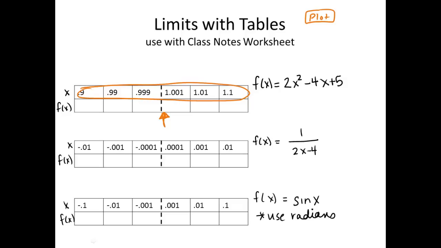And then you're going to type in 1.001, 1.01, and 1.1. And what we're going to be looking at in the middle here, I have 3.02, 3.0002, 3, 3.0002, and 3.02.